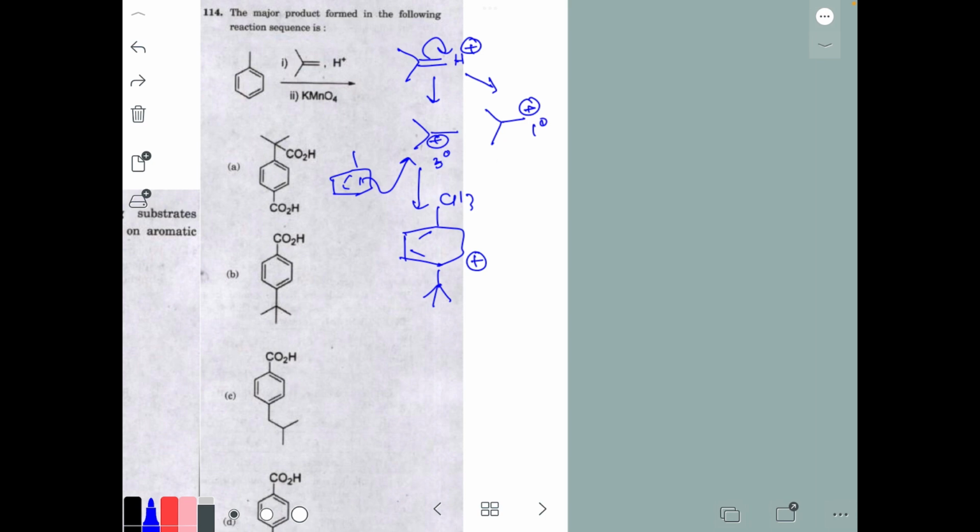This tertiary carbocation reacts with the toluene to give the corresponding intermediate. So the para isomer will form major, then the ortho isomer.